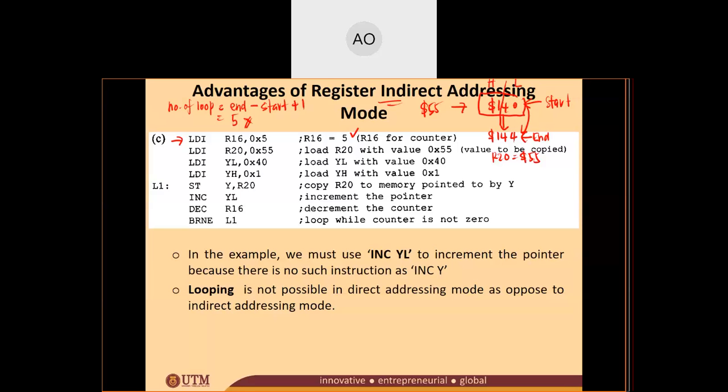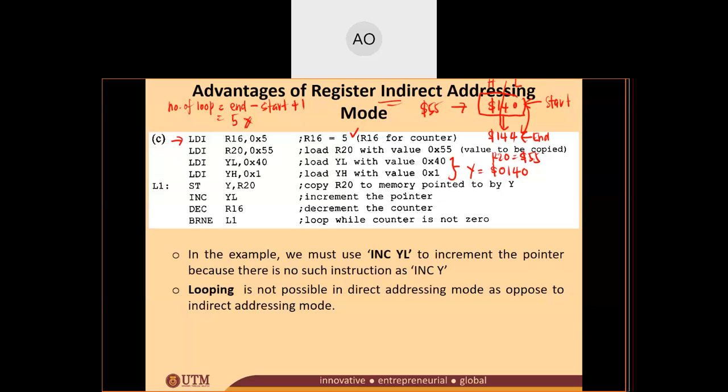The low byte will have value 40 and the high byte will have value 01. So that's why we put load I YL, 0x40 and load I YH, 0x1. After you execute these 2 instructions, Y now points to address 0140, which is your starting address.